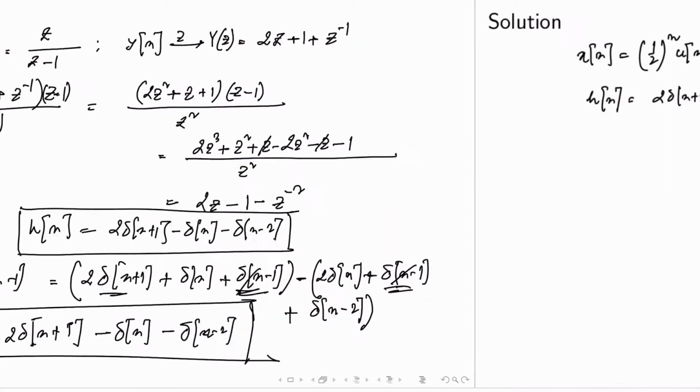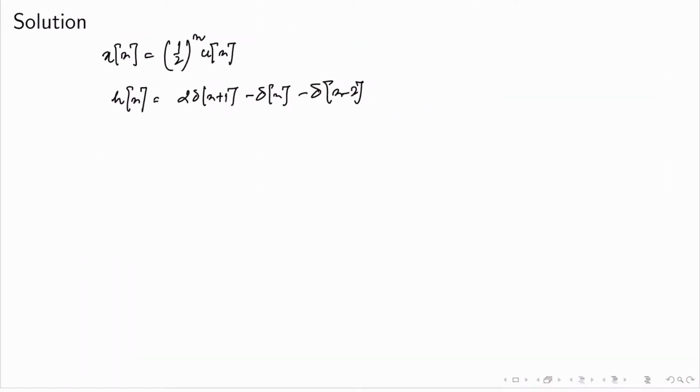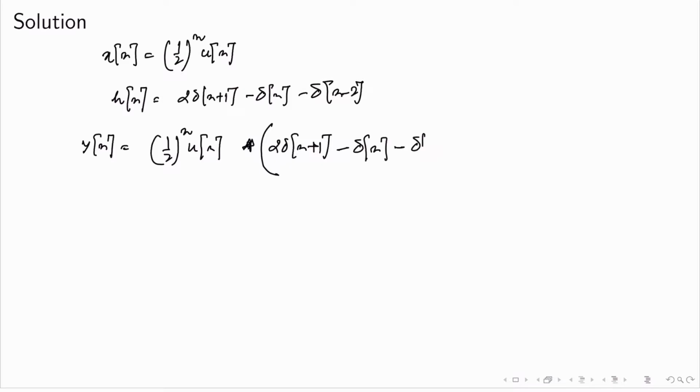So y of n will be x of n convolved with h of n, and that will be half to the power of n u of n convolved with 2 delta of n plus 1 minus delta of n minus delta of n minus 2.